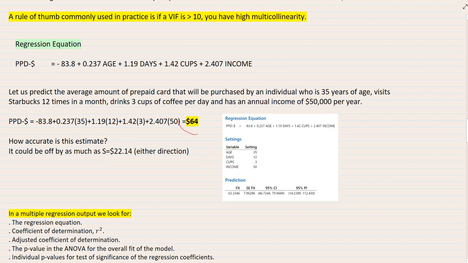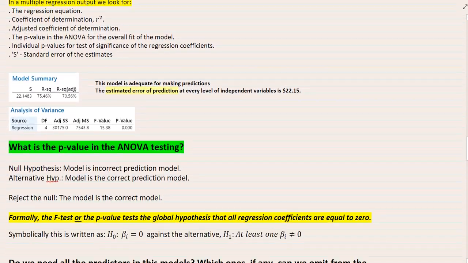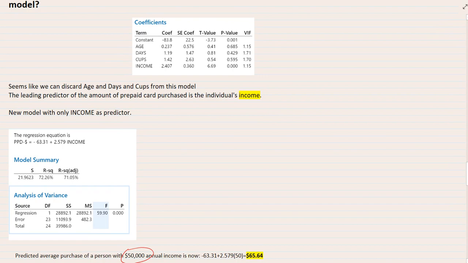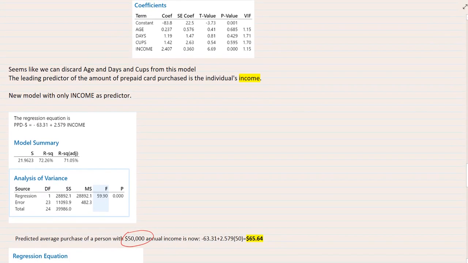And remember, our prediction was $64, right? The average person with that income purchases a prepaid card that's worth $64. Let's see how much that amount's going to be now. With just income, it's going to be $65.64. Notice it didn't change much, right?